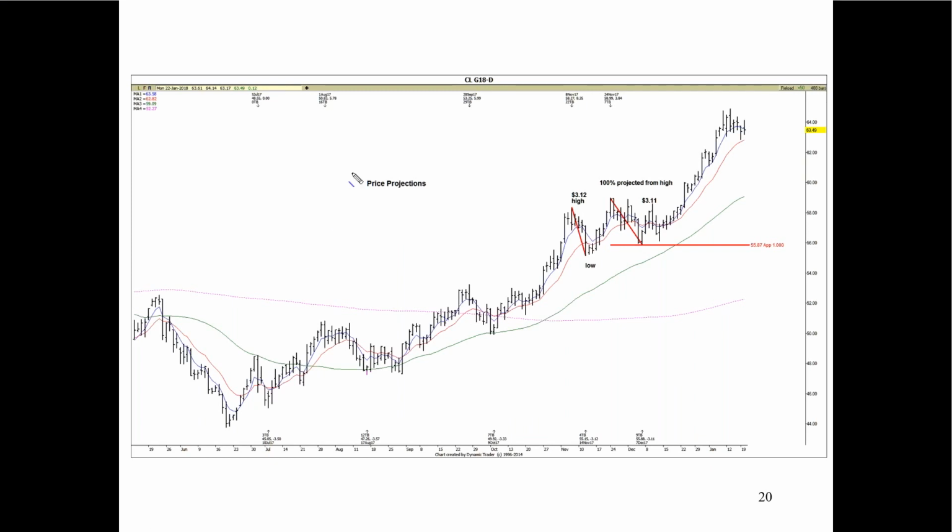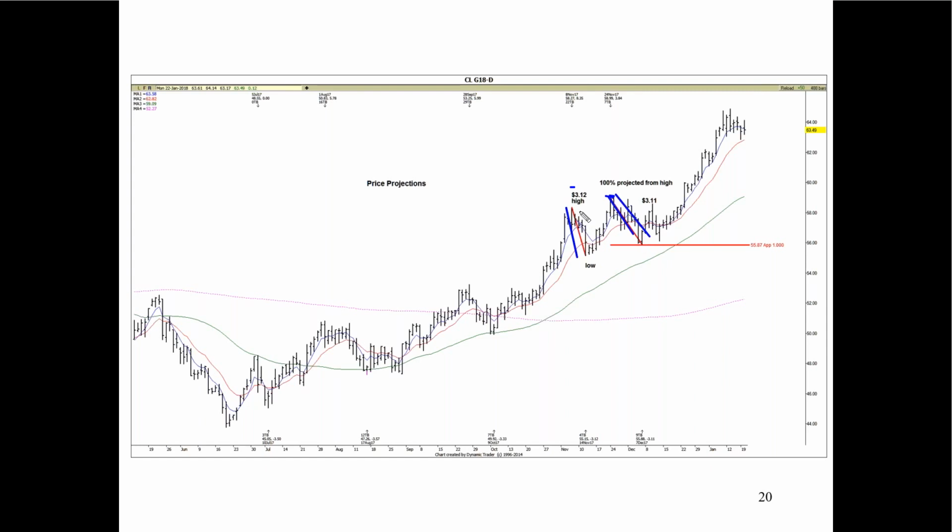And this is a daily chart of crude. It's a relatively old example, but in this case, I wanted to show you at least the one symmetry decision that is real obvious on this chart. With this prior high to low was $3.12, projected from this high. That gave us 55.87, and the actual low was made at 55.88.